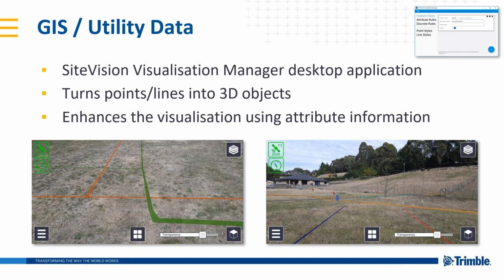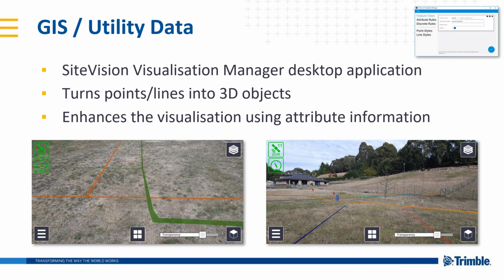And then just one other note, most of the examples and context of what I've been describing has been in terms of a 3D model, if you like, or at times a surface. Well, SiteVision is also a very useful tool, certainly in the utility space, or more in the GIS space in general.